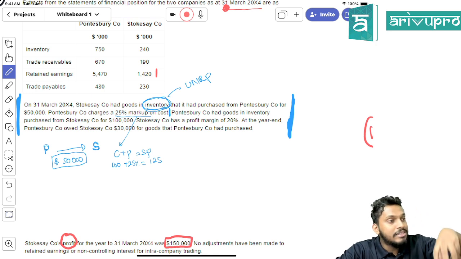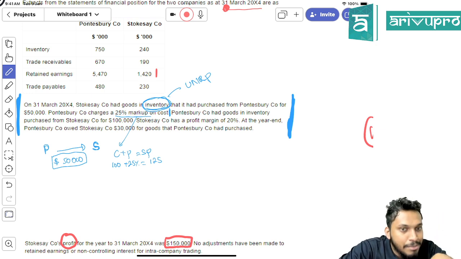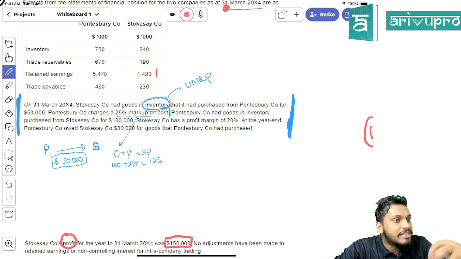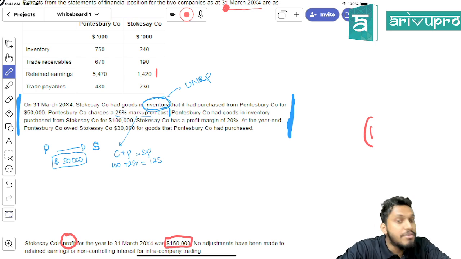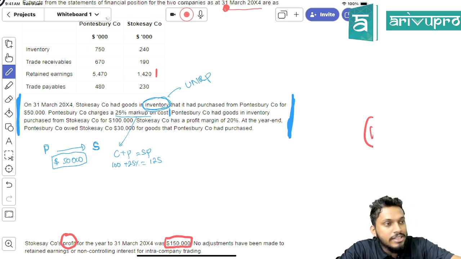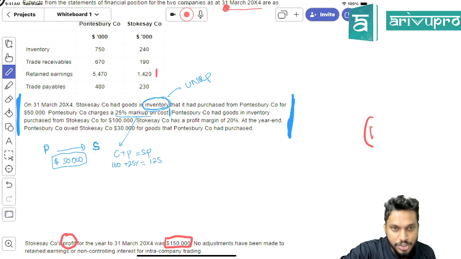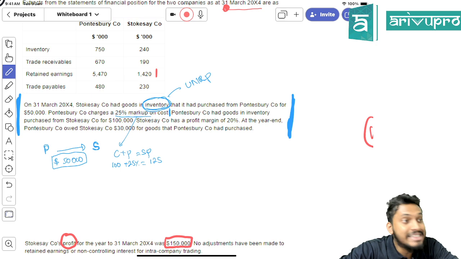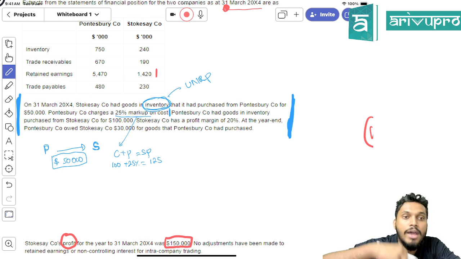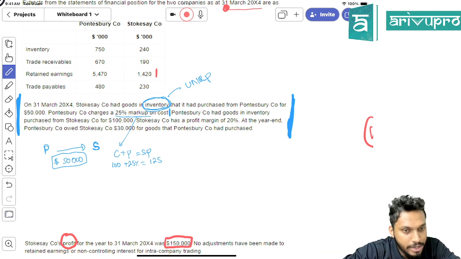Because that is in the inventory of S company. In the inventory of S company means that is the purchase price. So is the purchase price before charging the profits or after charging the profits? After charging the profits. With the profits only will they sell. Otherwise they would tell you the cost is this much. Okay. In this question this 50,000 is your sales price. That is how I am confirming it is my sales price.